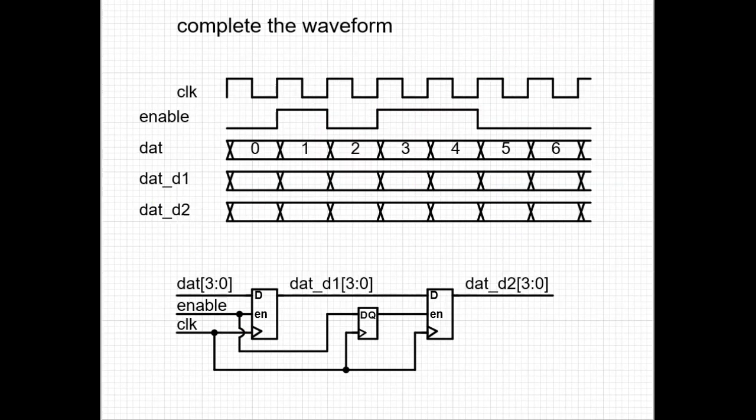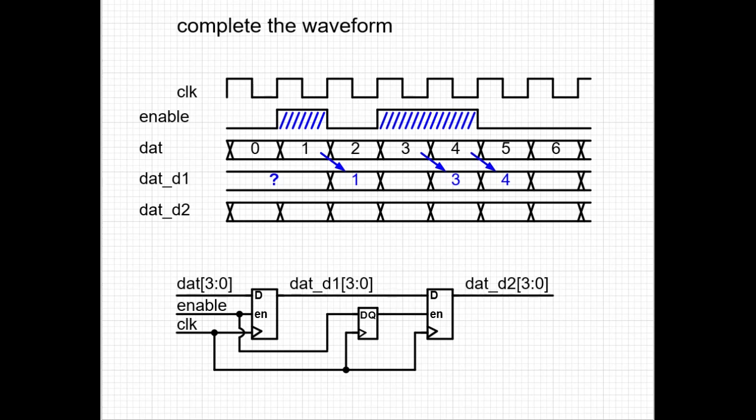With the last exercise, we get some practice managing the clock delays associated with registers. As we know, only those clock cycles with the enable asserted are meaningful to the enabled data registers, but we begin by noting that we don't know what's happening at the beginning of the first register, DAT D1.